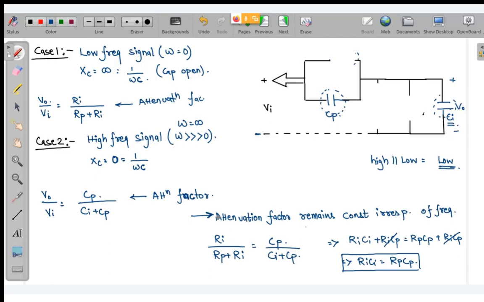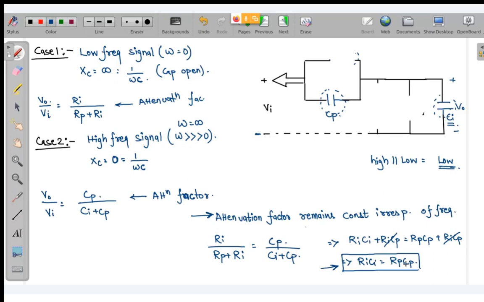In the second statement, I am going to tell you, cancer 80% of the time is caused due to smoking. So this is like that. I told that attenuation factor remains constant irrespective of the frequency. And here I am telling you, for your attenuation factor to remain constant, I should actually make your circuit constrained like this. Are you getting the point?